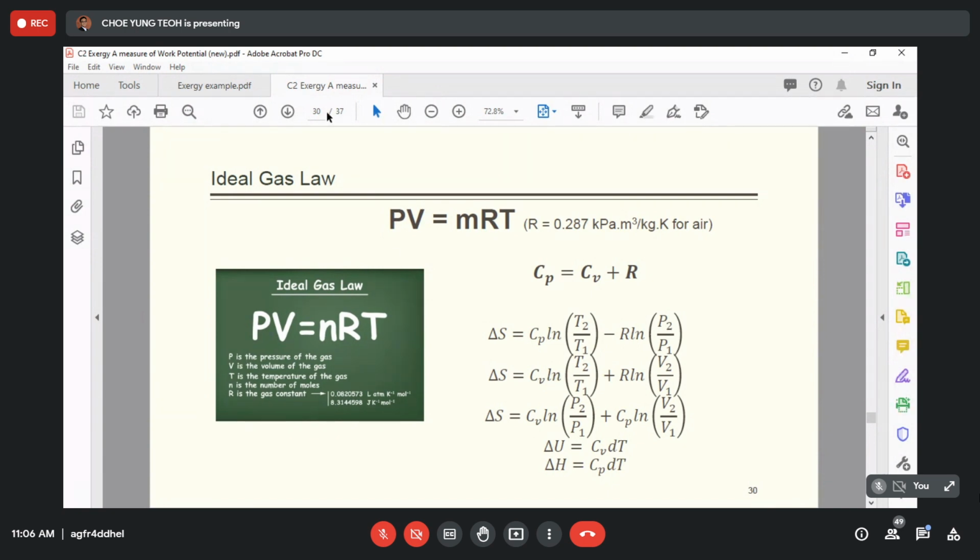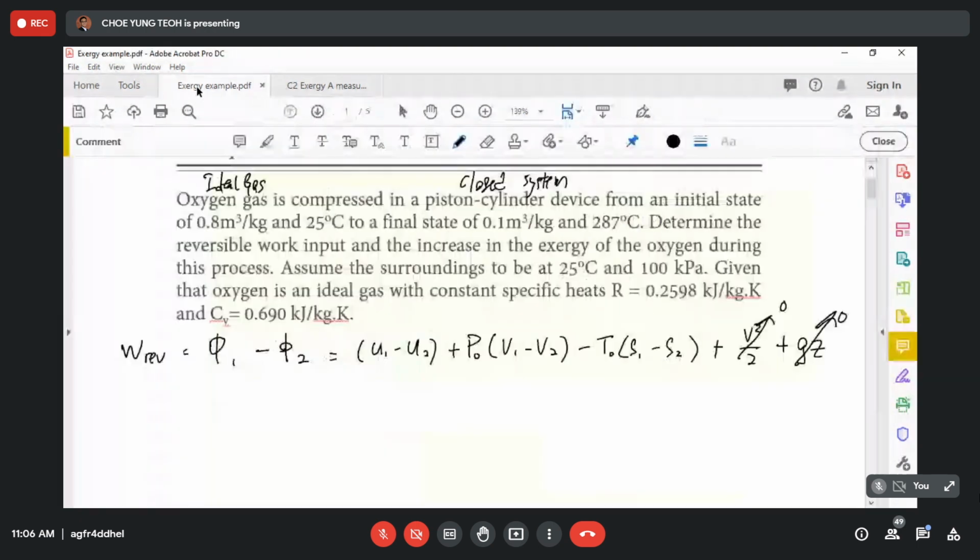So we start from delta U. Delta U refers to the change of the internal energy. Okay, maybe we do it one by one.